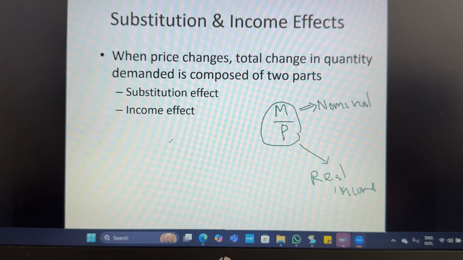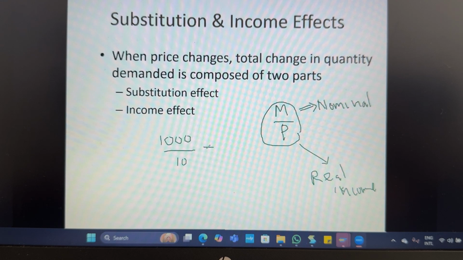Suppose, for example, you have 1,000 rupees with you as the income of this month. In the market there is only one commodity, that is X. The price of X is now 10. No other commodities.